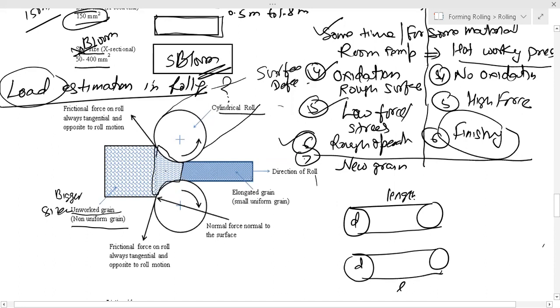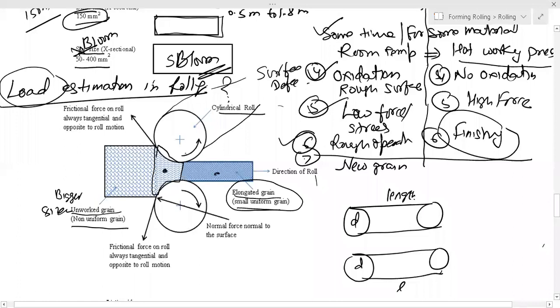Here is the intermediate structure, and finally it is an elongated, small uniform grain. This happens in a hot working process, so the temperature will be above 1000 degrees centigrade if it is iron.